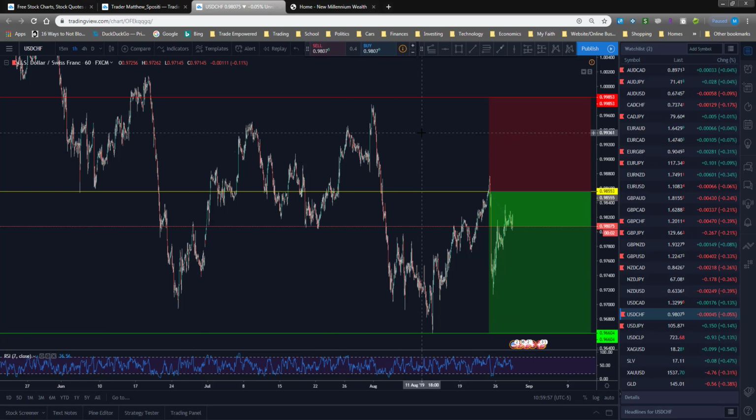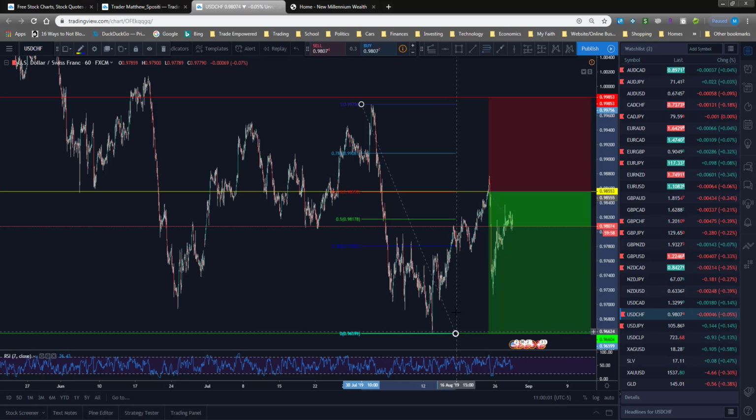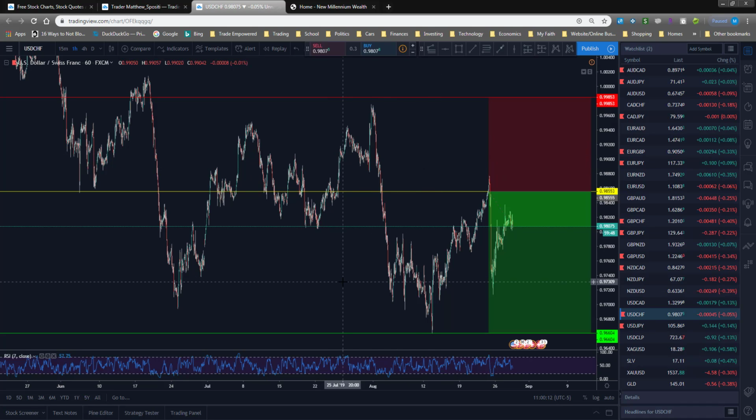Same thing with the Fibonacci's, guys. Fibonacci retracements like this. This is the Fibonacci retracement tool. Okay, this Fibonacci retracement tool is just a tool. You don't want to base your trades purely off of the Fibonacci retracements. However, it is just a tool that can help you determine where to get long or short and things of that nature. I know that I place my targets here on the 618 fib retracement level.